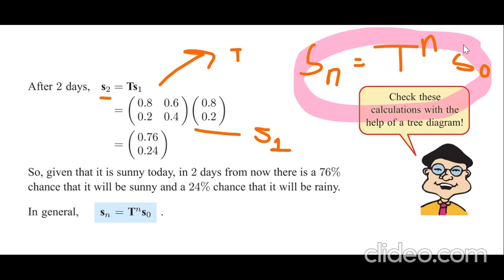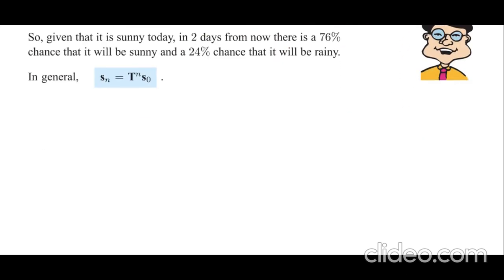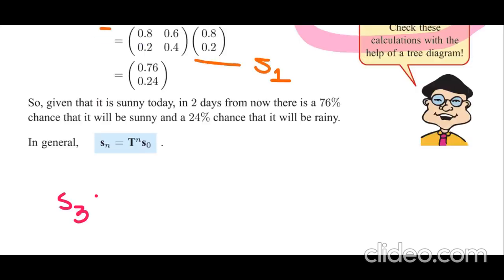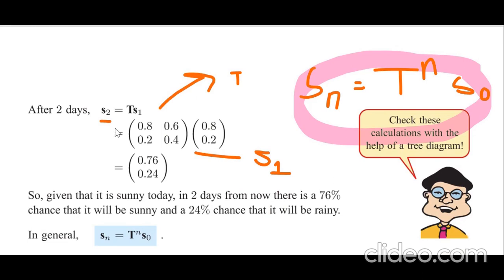Now, if I have to take out S3, let's take it out so that you will be clear that yes, it is possible. For S3, we need to find out S2. So we took out this part.